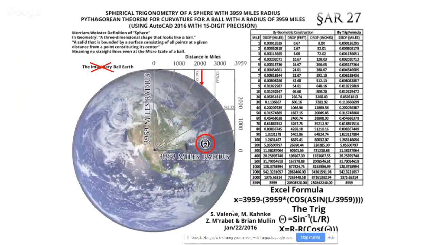So, let me back up. Basically, this is one of these Earth curvature charts you'll find on the internet. This one happened to be prepared by Brian Mullen and some other people I don't know. They are always calculating the drop. Everyone quotes these charts, and then they misapply it, saying that's the missing curvature.